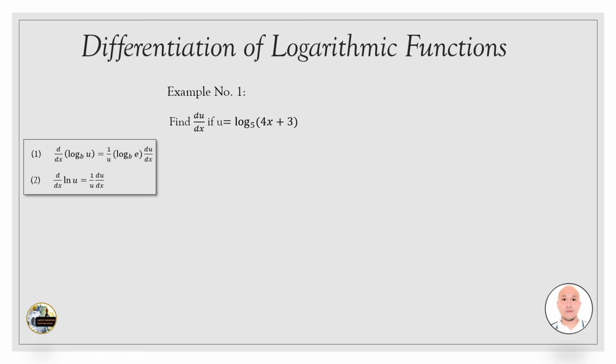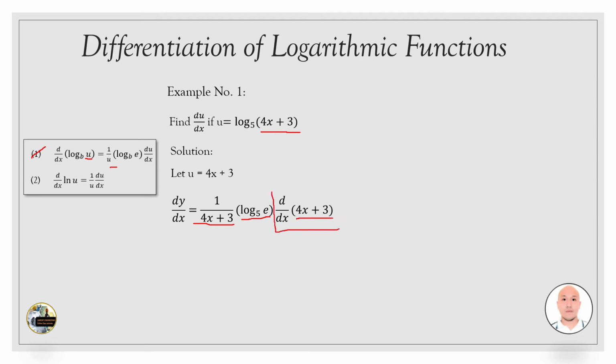Example number 1, find dy over dx if y is equal to log_5 of (4x plus 3). Here our given is in log form, so we'll use formula number 1. Let u is equal to 4x plus 3. Then dy over dx is equal to 1 over u, so our u here is 4x plus 3, times log_5 e times d over dx of 4x plus 3.